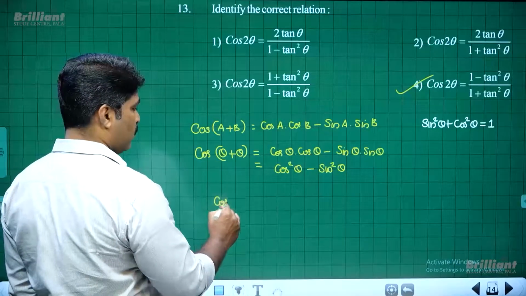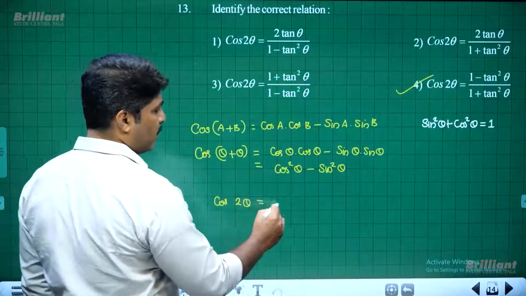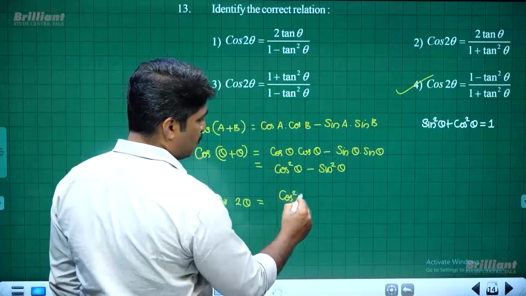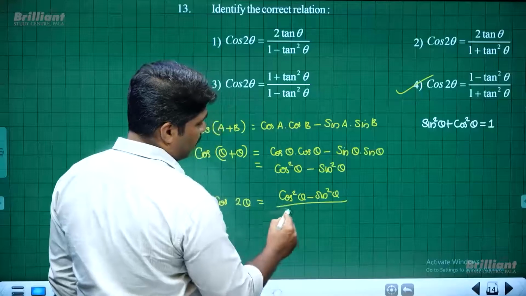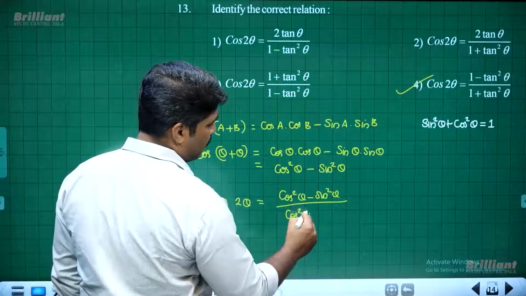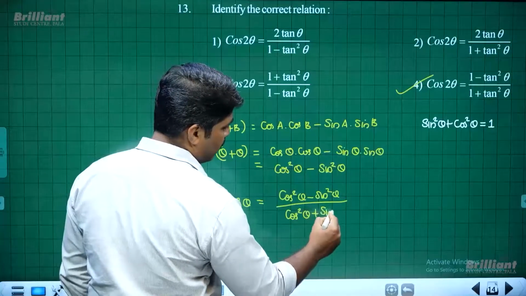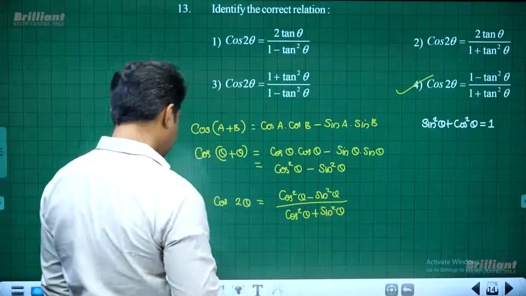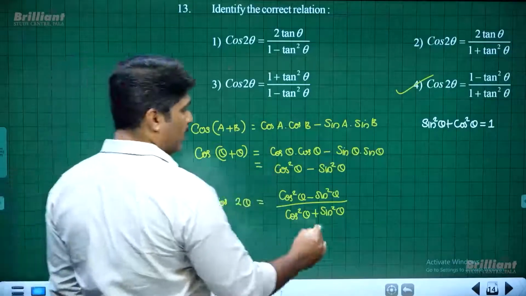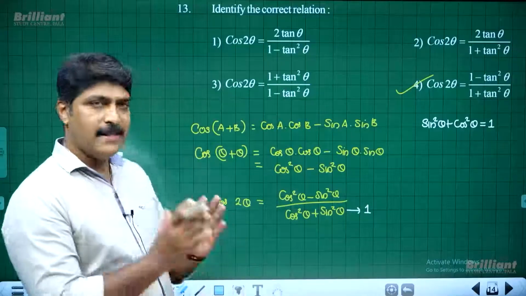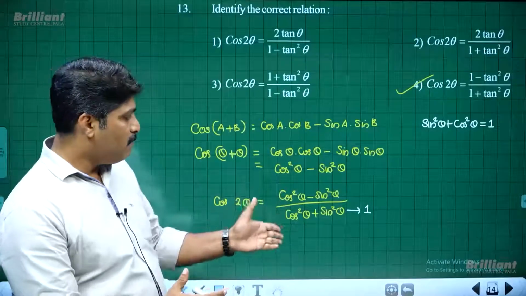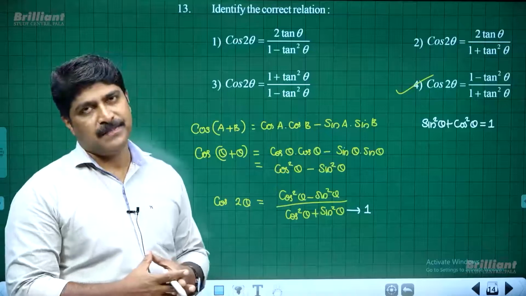I am writing cos 2 theta as cos square theta minus sin square theta divided by cos square theta plus sin square theta. Why are we writing it like this? Because cos square theta plus sin square theta equals 1.